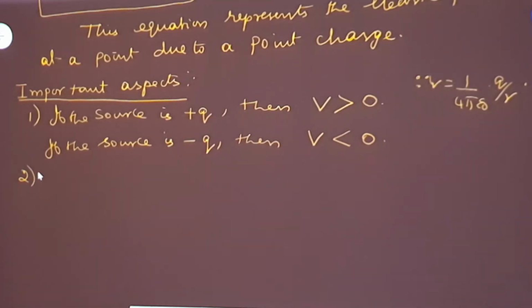The second one: if you want to describe the motion of moving objects or moving charges, using the concept of potential or potential energy is found to be easier and simpler compared with explaining with the help of electrical field.